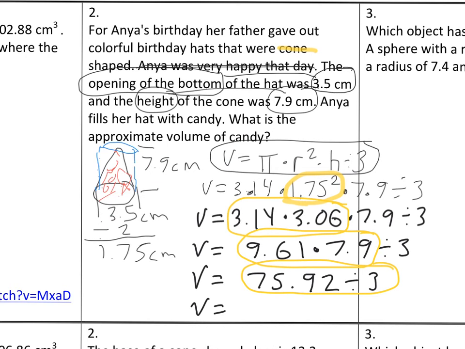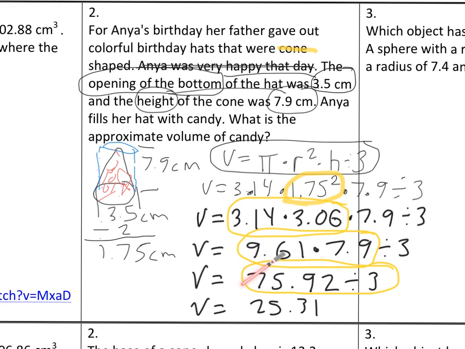And I'm getting 25.30666 basically forever. It says 67, but it just means 6 forever. So let's go ahead and make that 25.31. Let's round that up, 0 up to 1, because it had the 6 at the end. So 25.31.